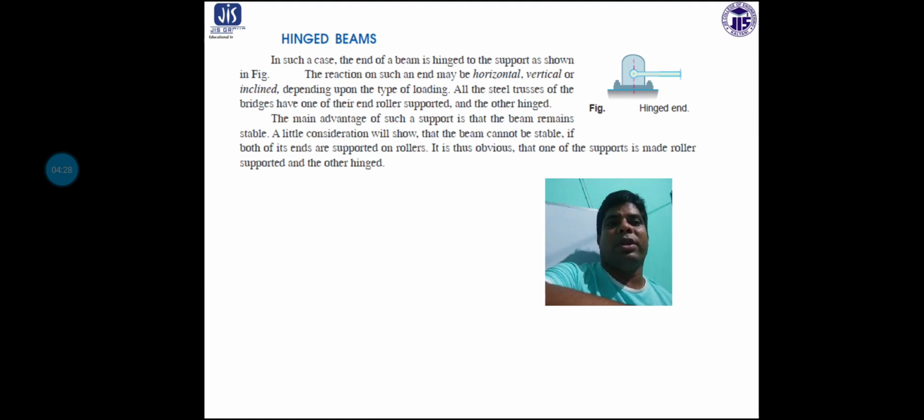The main advantage of such a support is that the beam remains stable. A little consideration will show that the beam cannot be stable if both of the end supports are rollers, and in this regard it is obviously clear that one of its supports is made a roller and the other is hinged.